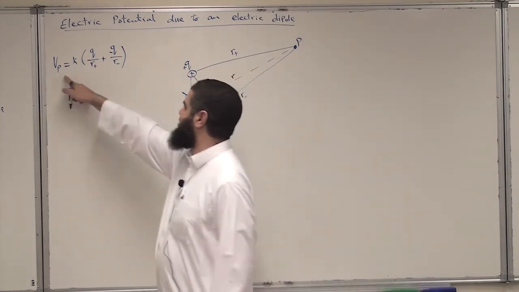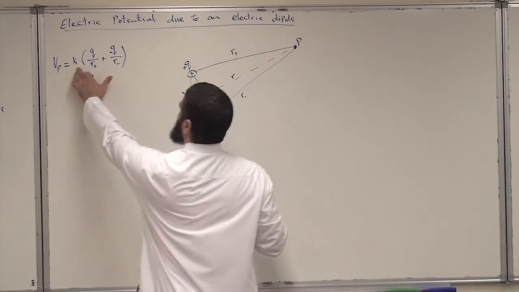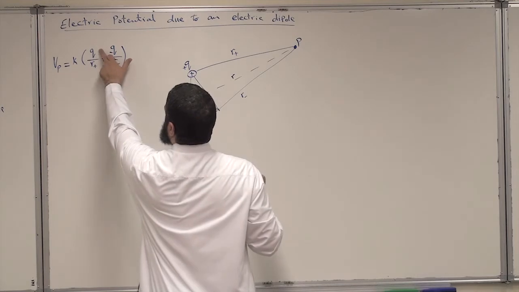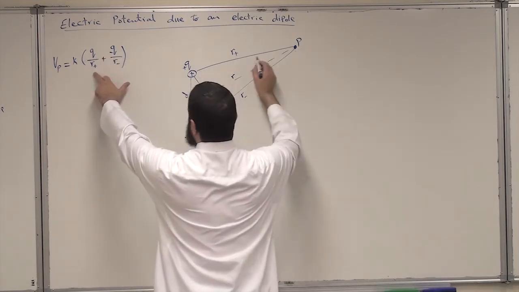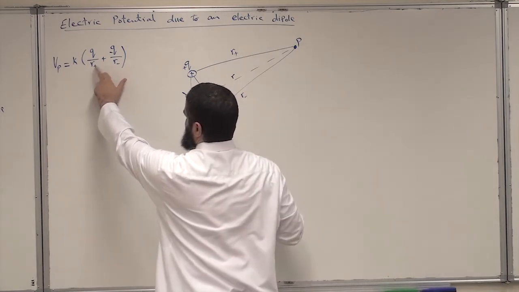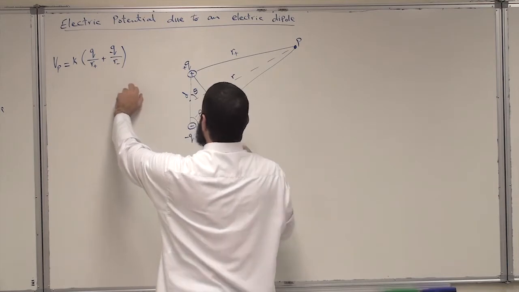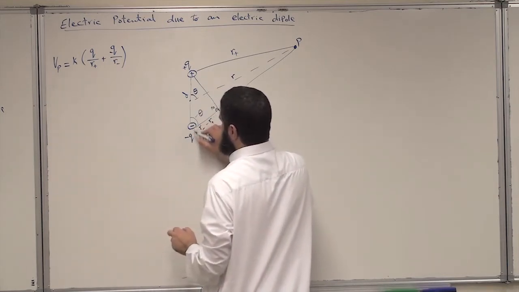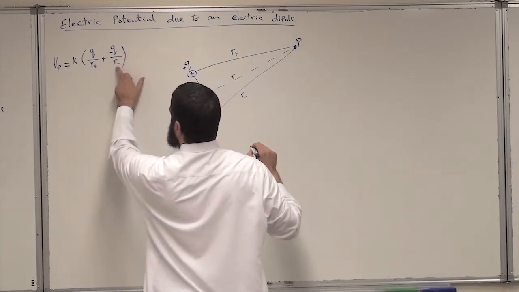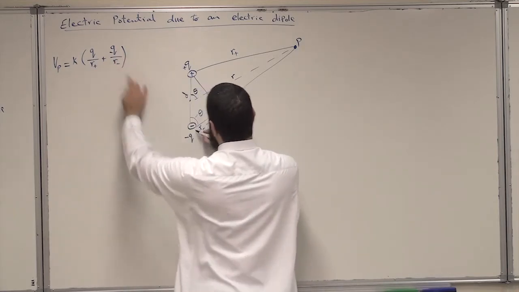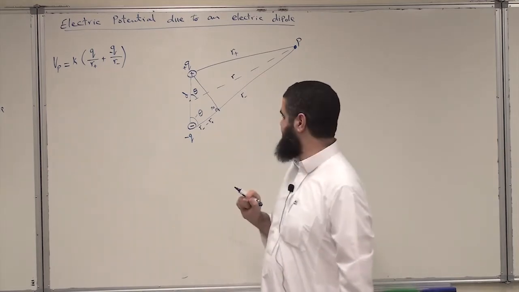So V at point B due to the electric dipole will be K multiplied by Q divided by the distance from the positive charge, which I call R plus, summed algebraically with the electric potential due to the negative charge at point B. This will be minus Q divided by the distance from the negative charge, which I call R minus.